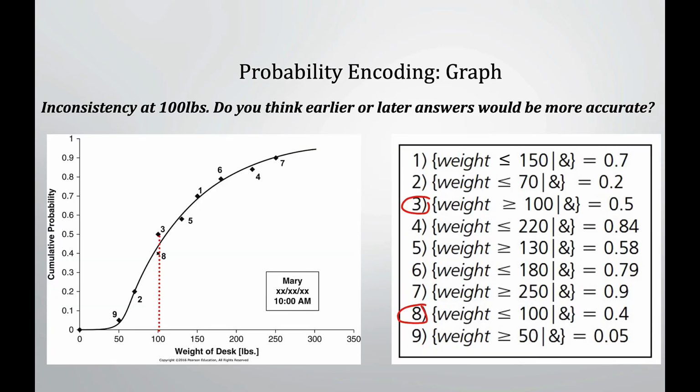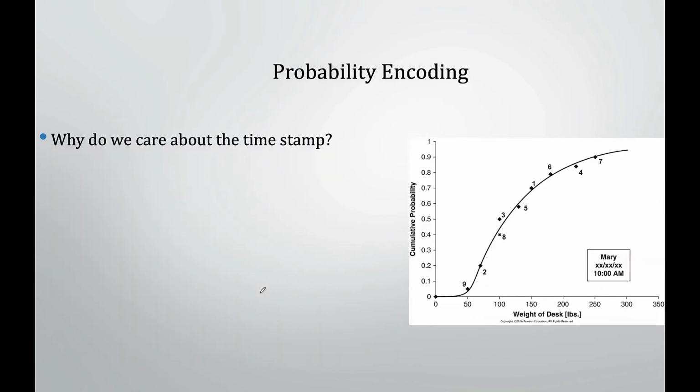So here, as you can notice, we have put your name and the date and the time to the cumulative probability graph, okay? The reason we care about the timestamp is that it reflects your knowledge at the time when these beliefs are evaluated.